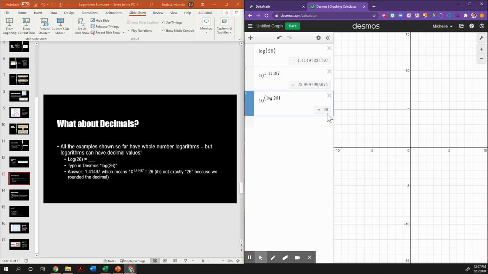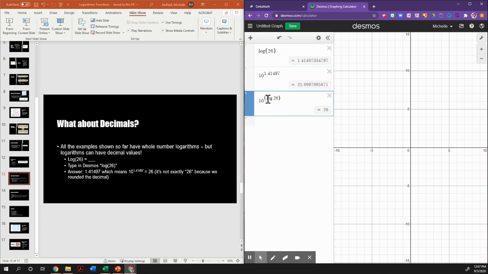That's how you get the exact answer because the log of 26 is a decimal value. And even Desmos has rounded this decimal. I don't know how many decimal places this answer truly is.